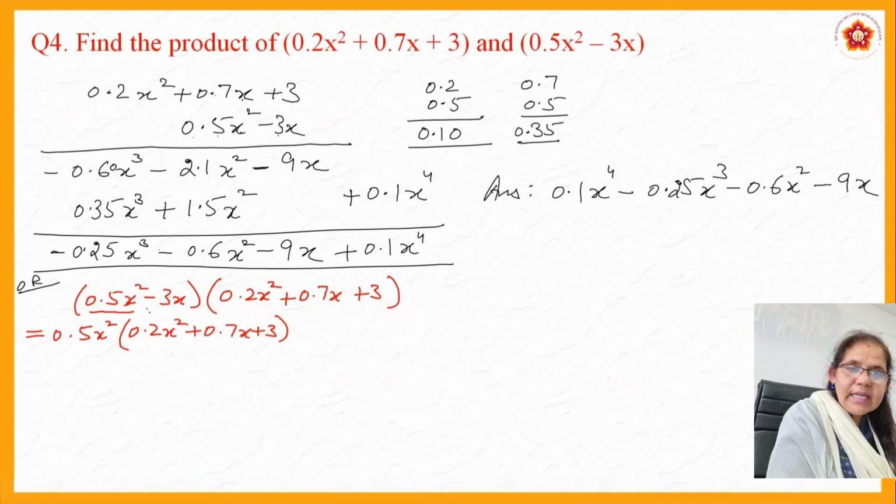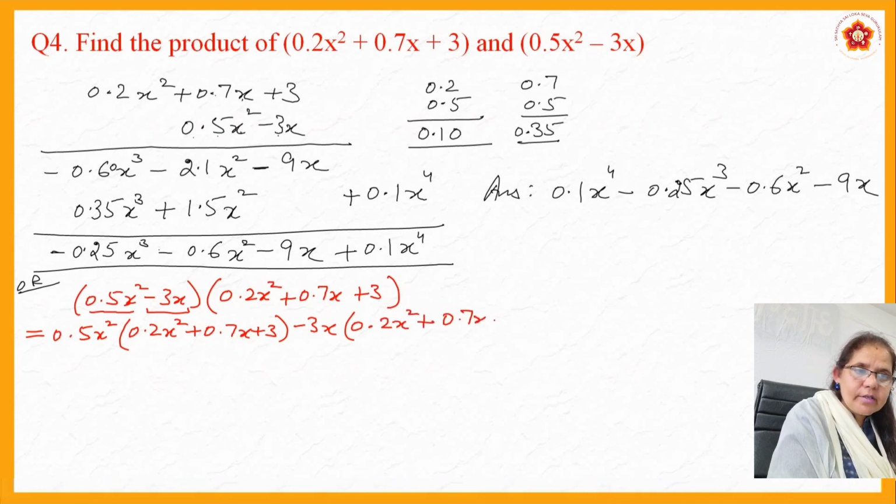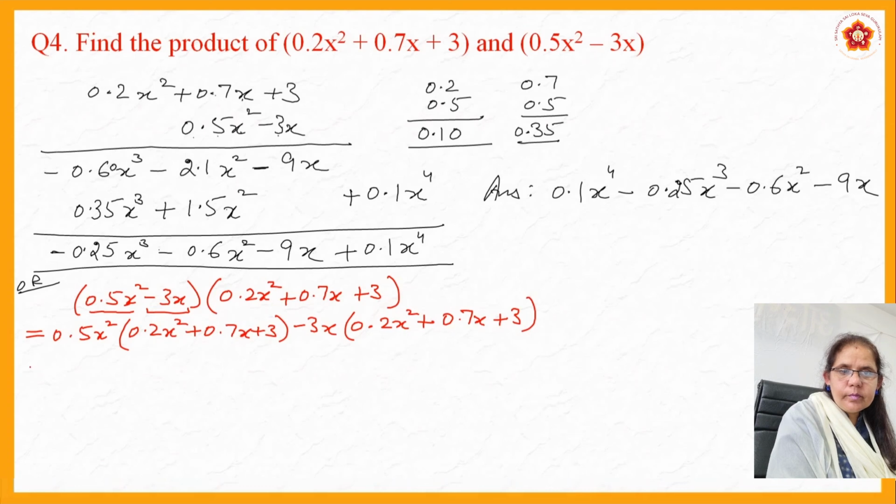Similarly, minus 3x is to be multiplied by each term of the second bracket. I hope this step is clear.